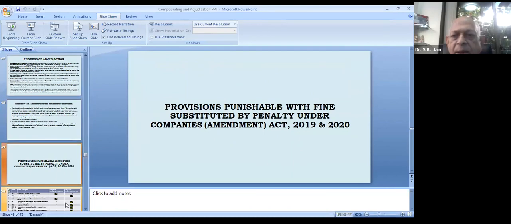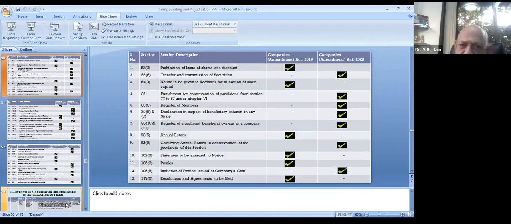Now, what are the provisions which are punishable with fine? The word fine has been substituted with penalty by the Companies Amendment Act 2019 and Companies Amendment Act 2020. Now, you can go through this chart. Earlier, the word prescribed was fine, which was replaced by the word penalty under the Companies Amendment Act 2019.